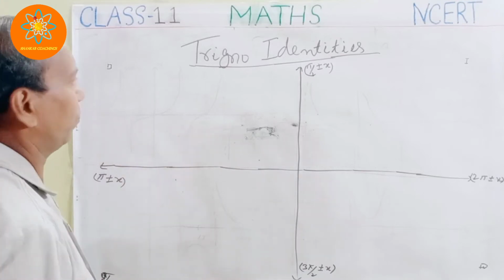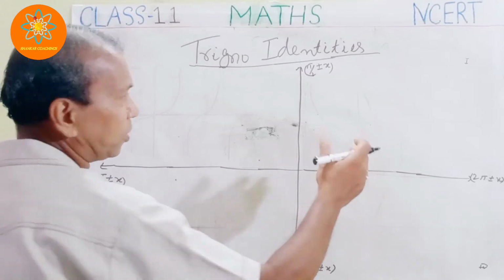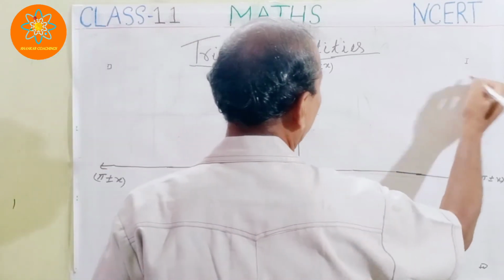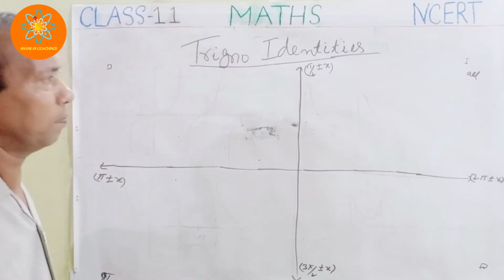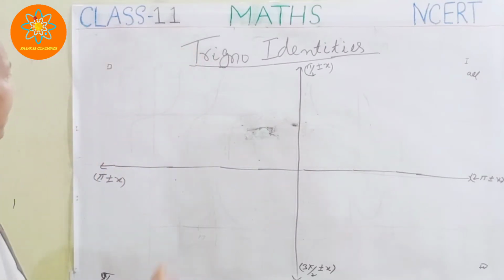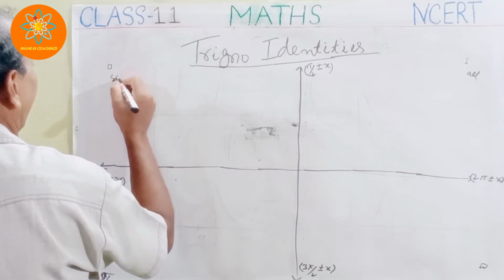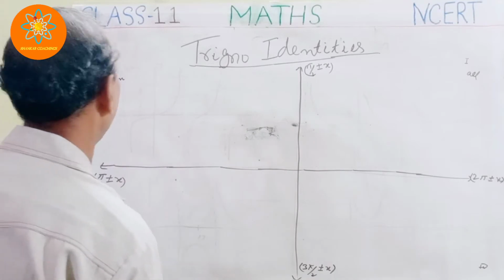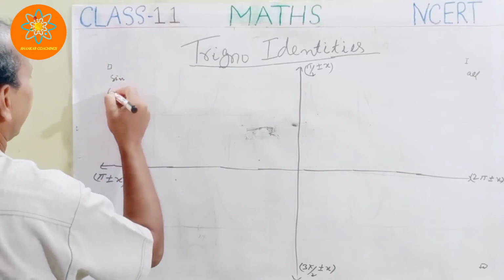Likewise there also. Now, see, in the first coordinate, all trigonometrical identities are positive. While in the second coordinate, sine and its reciprocal are positive, that is sine and cosec.